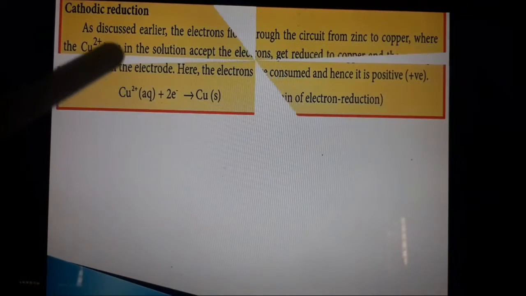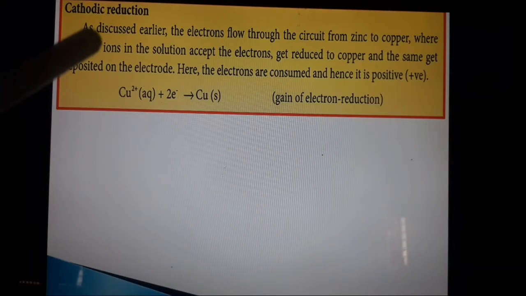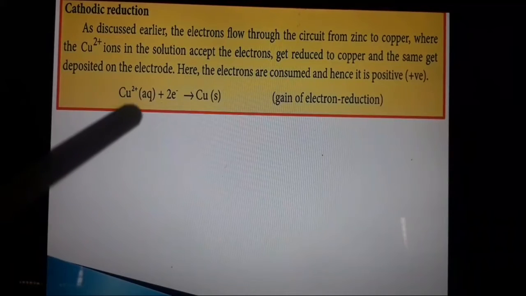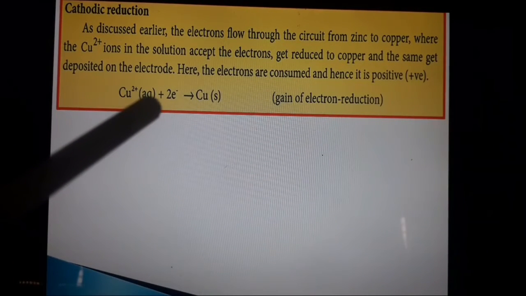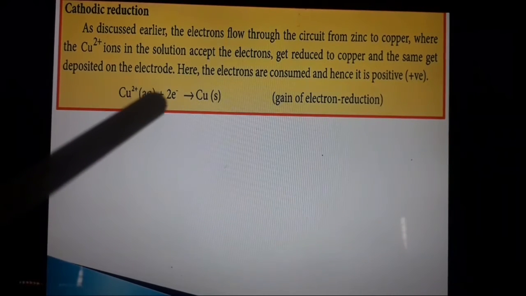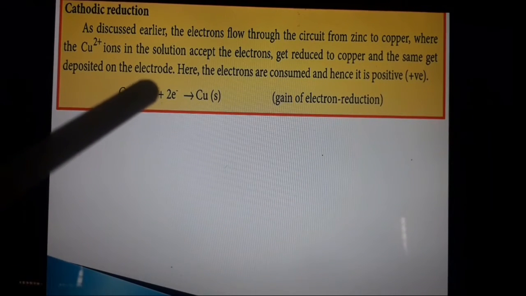Next, cathodic reduction. Cathodic reduction means the copper 2 plus ion in the copper sulfate solution accepts the 2 electrons from the zinc metal and changes to copper.